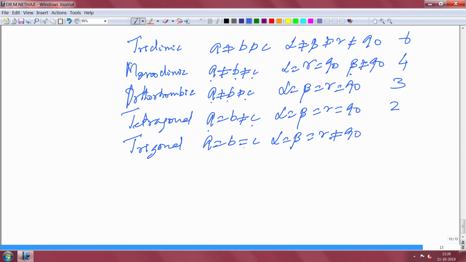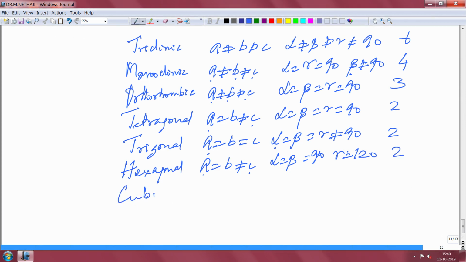We need only one variable for the length and one for the angle, so only two variables. And you go to hexagonal, again a = b ≠ c, alpha = beta = 90, and gamma = 120. So we need only 1 and 2 variables.